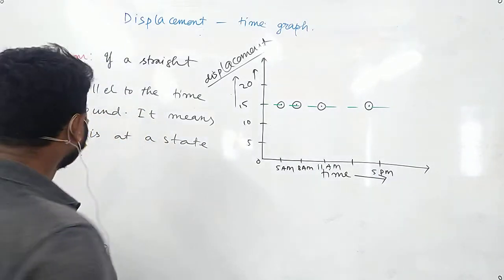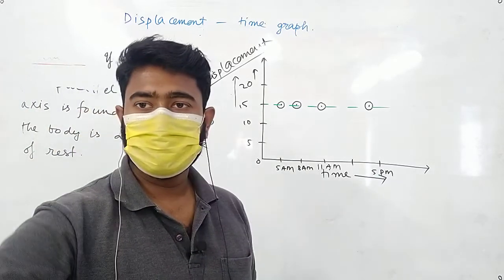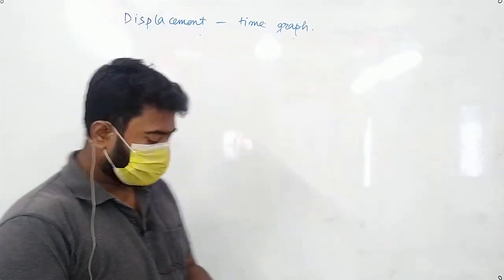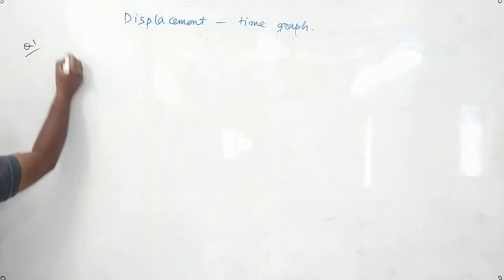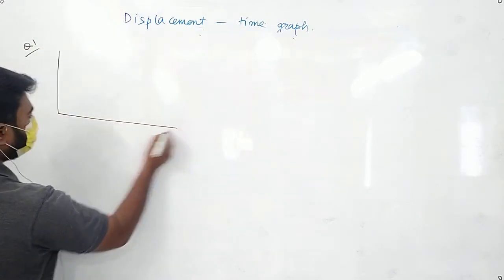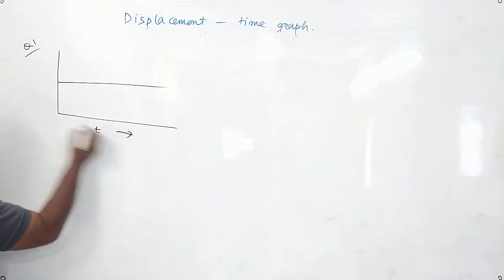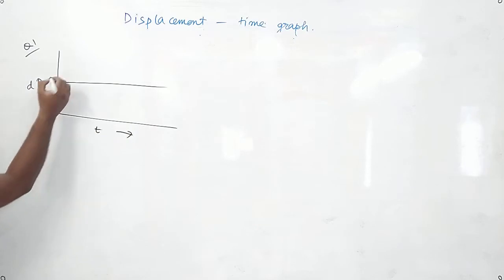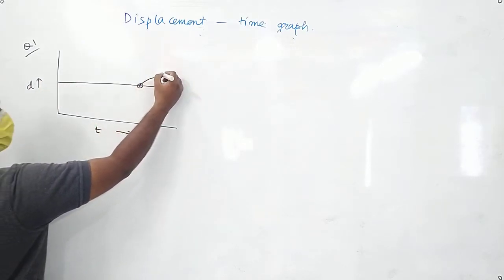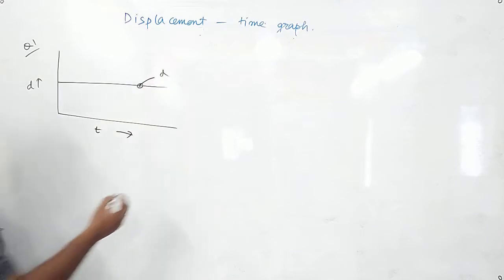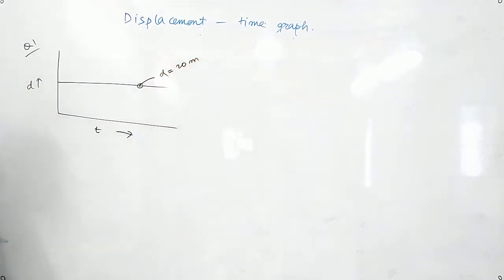Okay. Now, write down fast. Tell me, if I give you a displacement time graph like this one, this is the time, this is the displacement, and anywhere this is marked and told that the displacement is 20 meter, what does it mean?